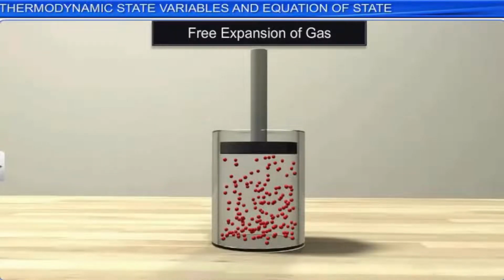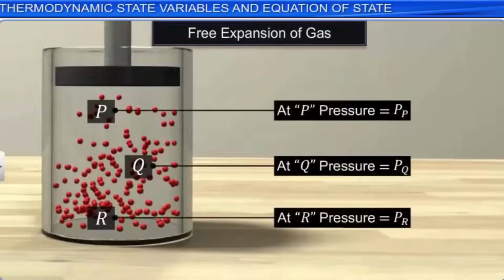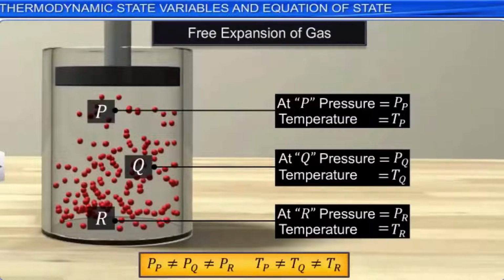If P, Q, and R are 3 points in the system, and at these points, the pressures are PP, PQ, and PR, and the temperatures are TP, TQ, and TR, then PP ≠ PQ ≠ PR, and TP ≠ TQ ≠ TR.